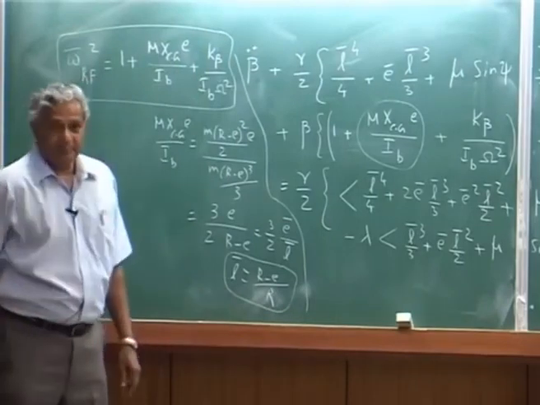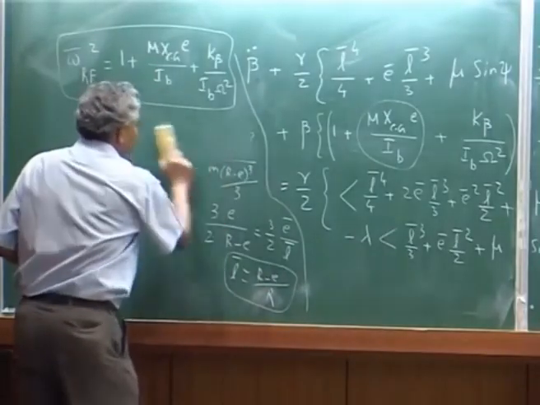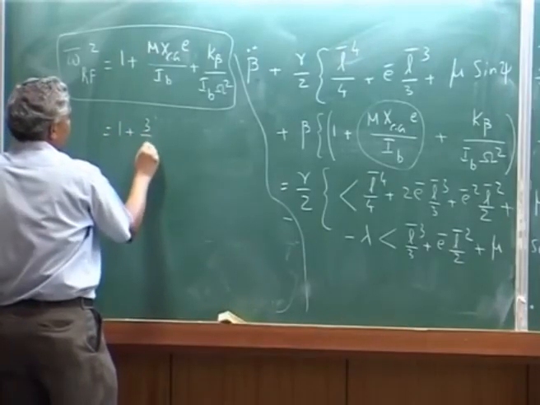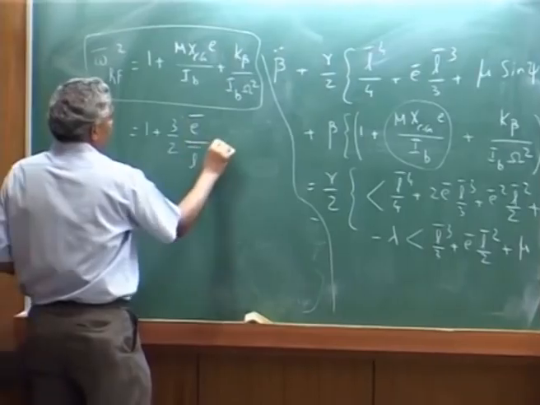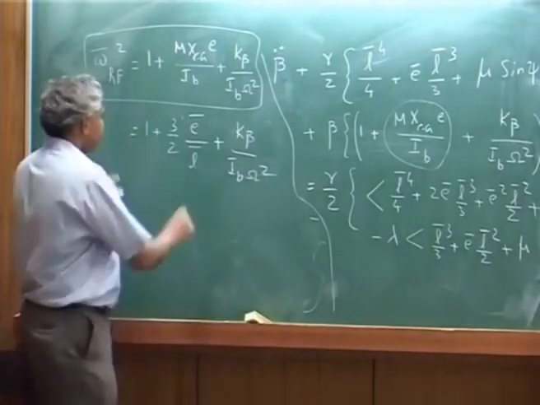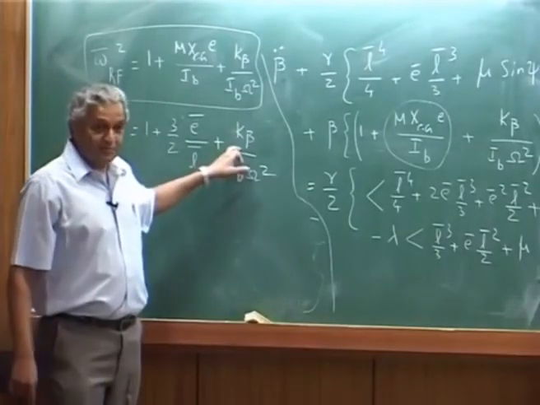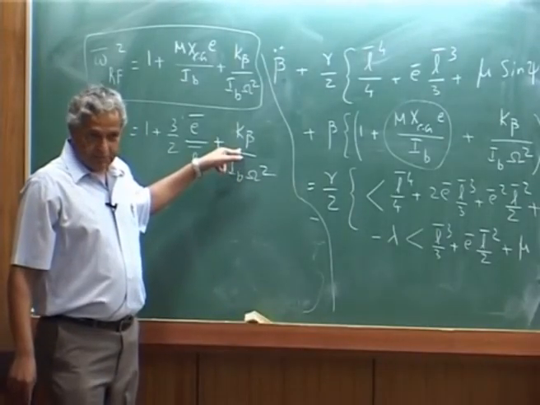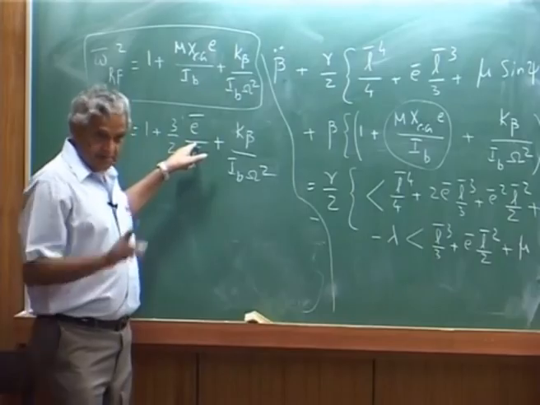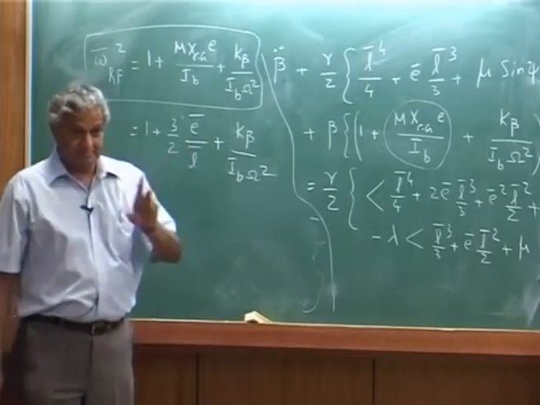If my mass of the blade is uniform, then I will have the same expression simplified as 1 plus 3 by 2 e bar over L bar plus K, if m is constant. Now, you see, even if I do not have the spring, if I have a root hinge offset, my frequency is more than 1.